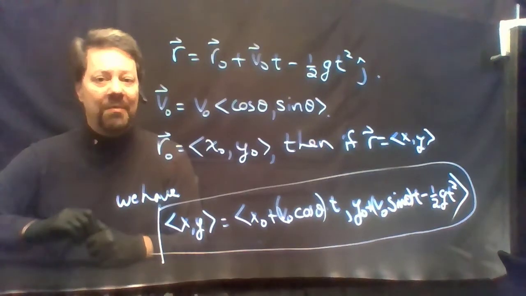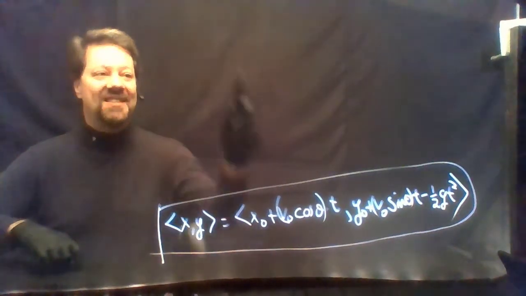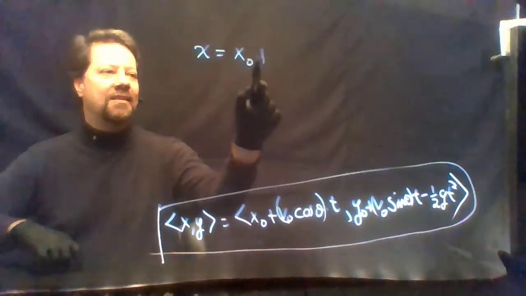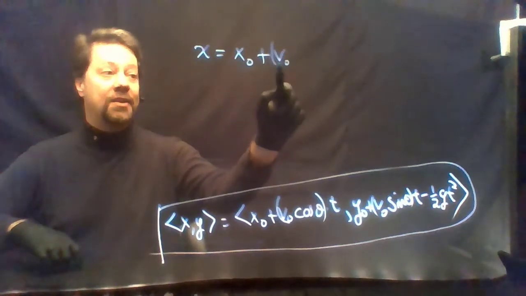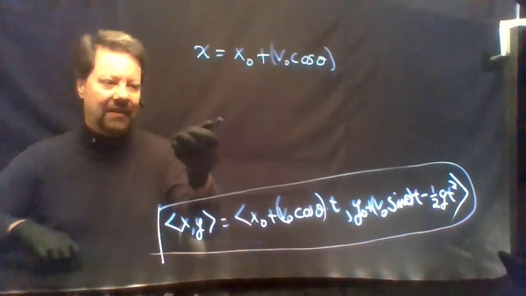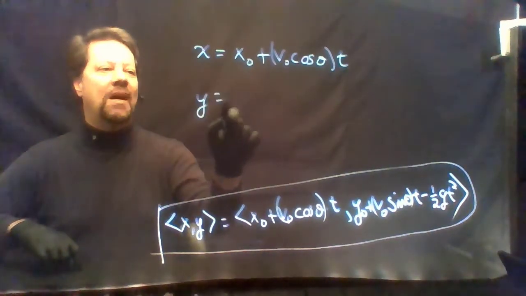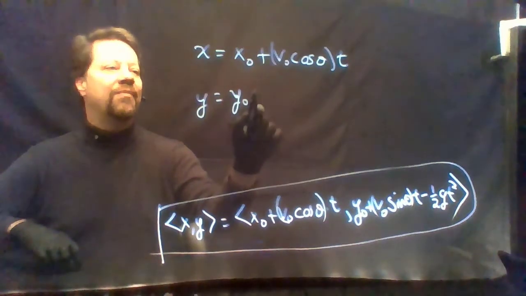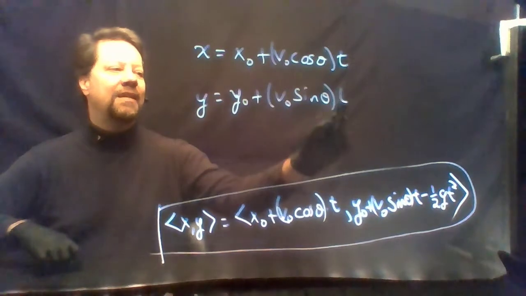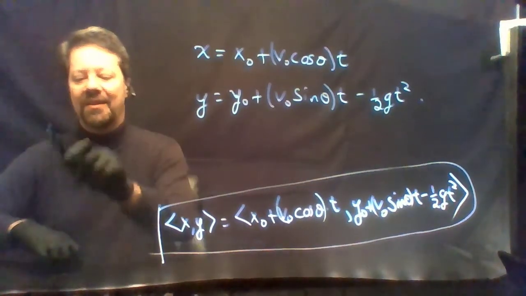This gives us a simple model for ballistics. You can see that in this simple ballistics model, x is some initial x plus the initial speed times the cosine of the angle of inclination the object is launched at times t, whereas y is equal to some initial y value plus v0 sine theta times t minus 1/2 g t squared.